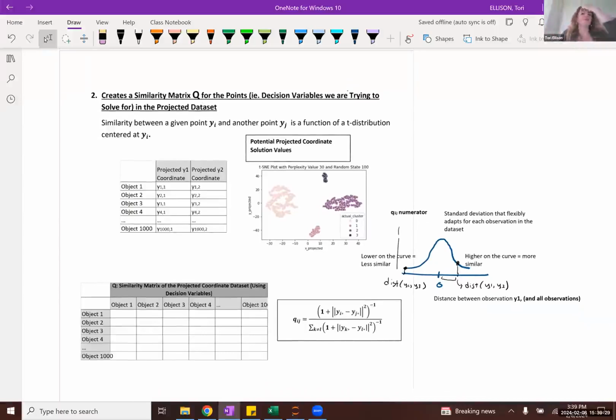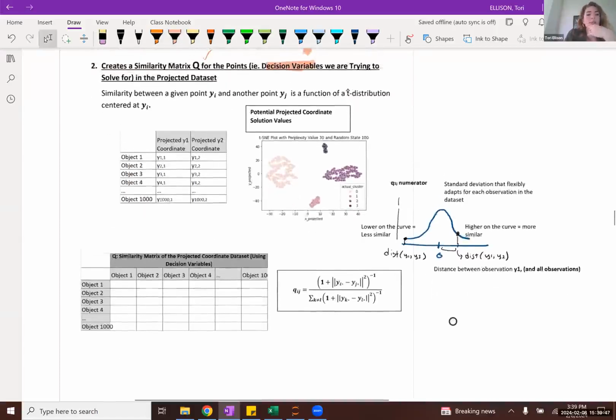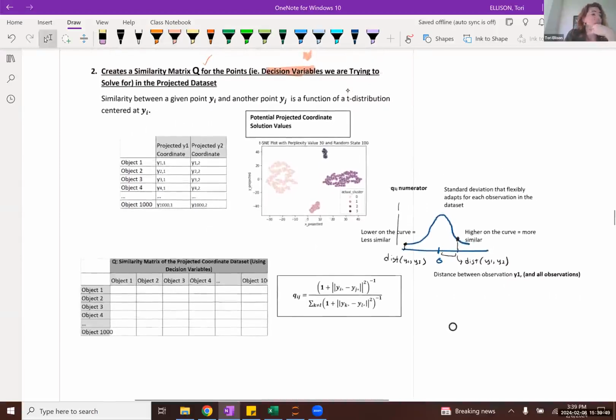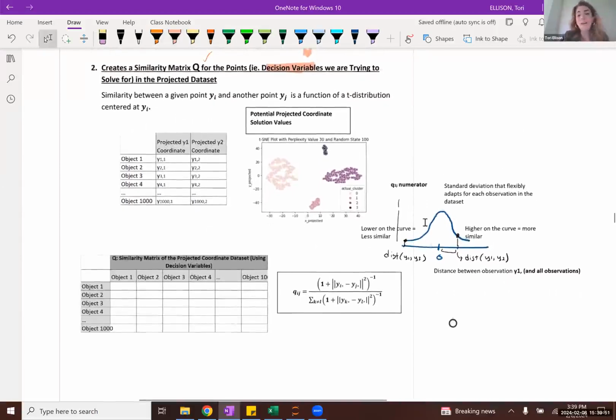Now, the way that we go about creating our other similarity matrix for our two-dimensional TSNE plot coordinates, which are not actual points themselves but decision variable points that we're solving for, is going to use a similar function, if you will. But rather than using a normalized function of a Gaussian curve, maybe you've seen this function before.